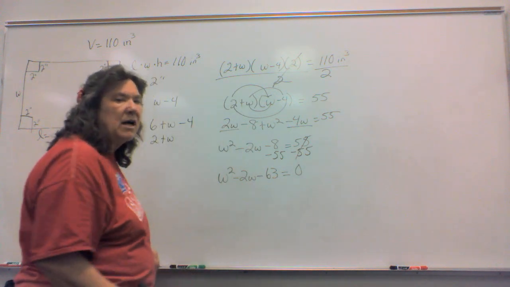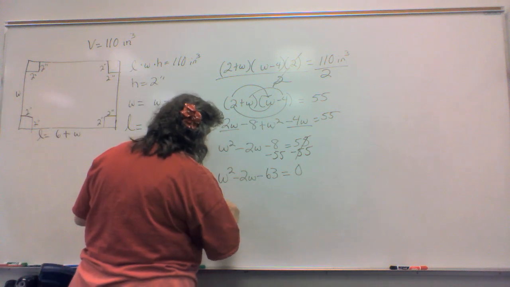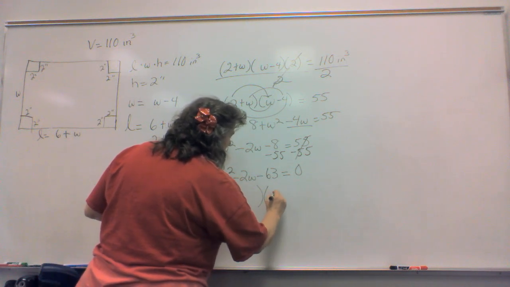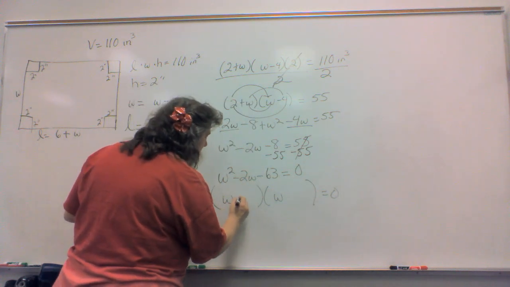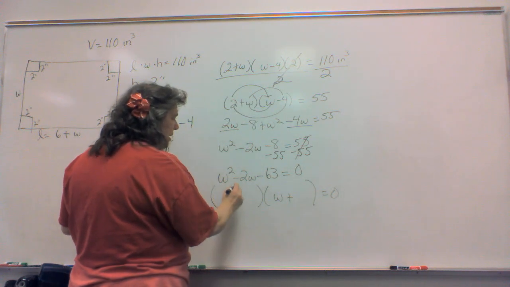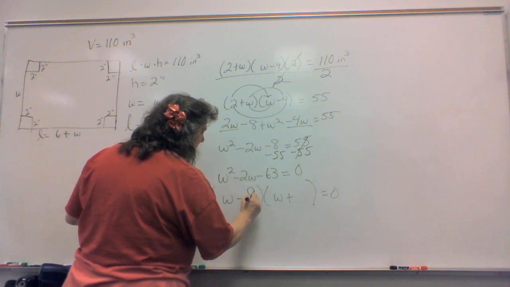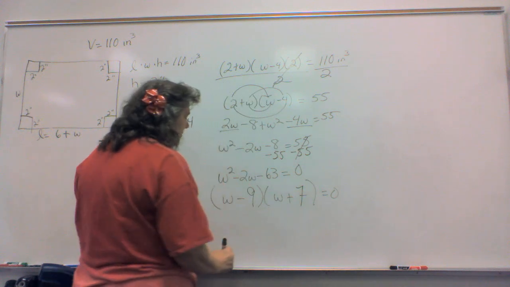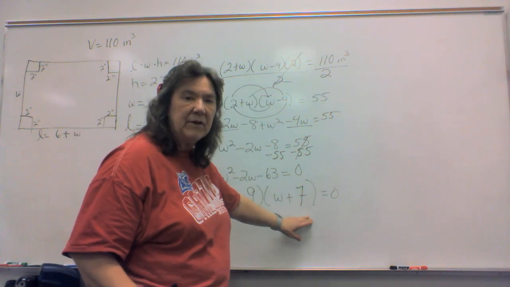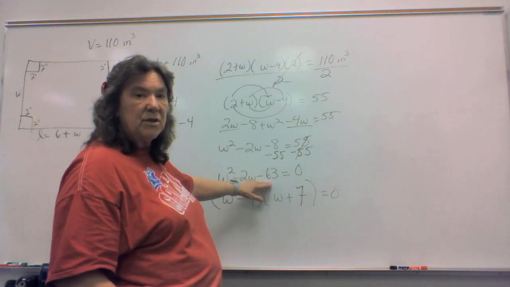63 is 7 times 9, so we're going to have W and W equal to 0. One negative, one positive. My 2 is negative, so my 9 has to be negative, and my 7 will be positive because negative 9 times 7 is a negative 63.